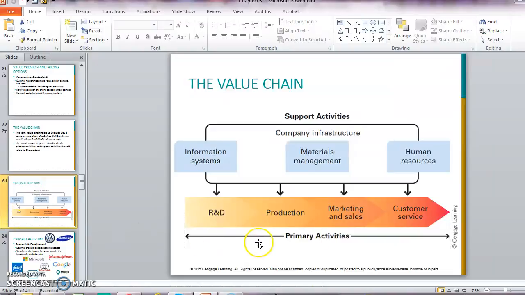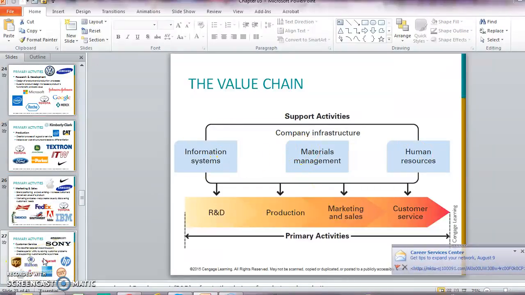So the first you'll see in the primary activities, these are typically research and development, production, marketing and sales, and customer service. Other support activities are involved in the company's infrastructure, human resource, materials management, and information systems.